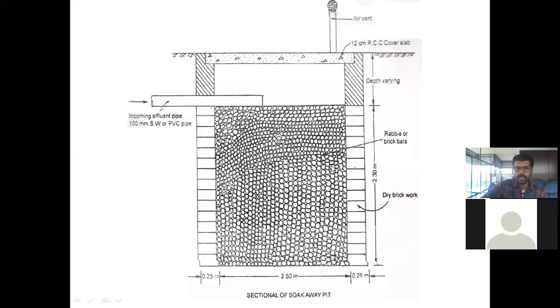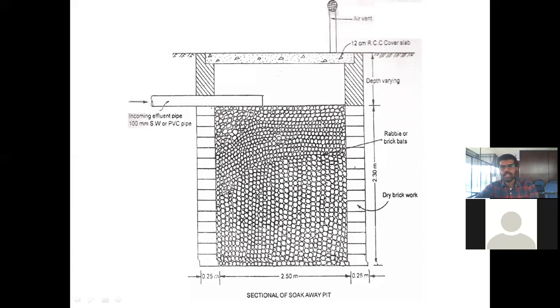So let's see how the soak pit is constructed. Okay, this will be made up of dry brickwork only, dry brickwork. And you can fill this soak pit with rubble or brick bats or something like that, which helps in soaking the water.